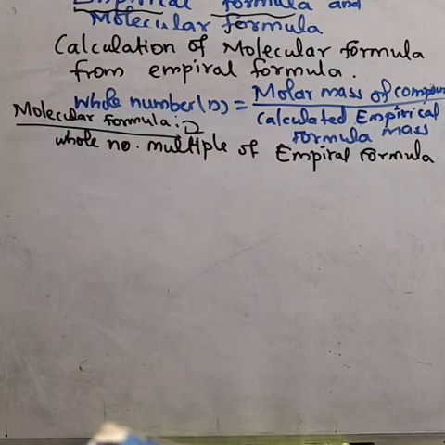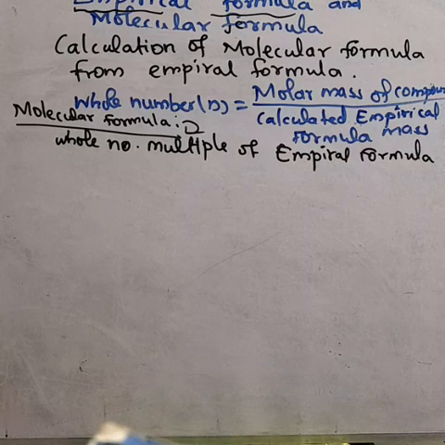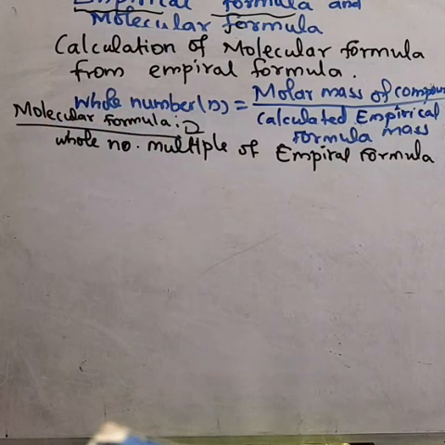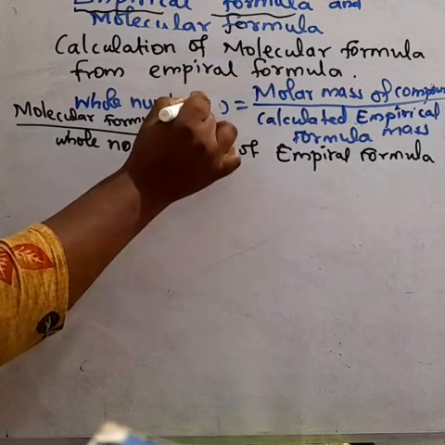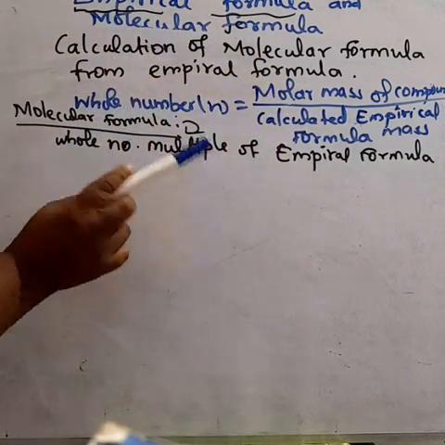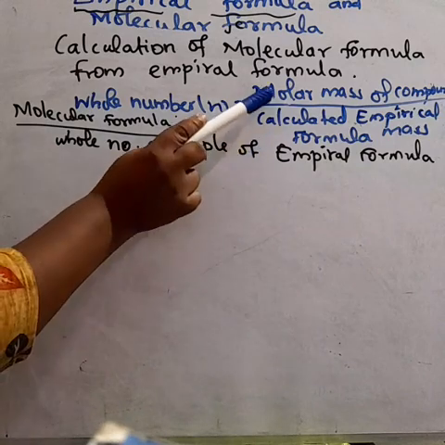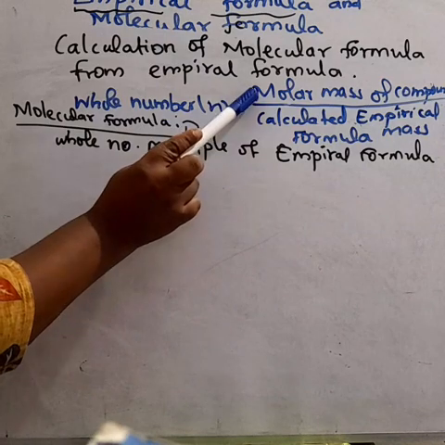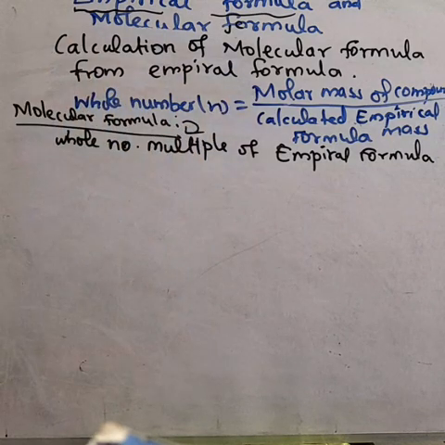The symbol of the whole number is small n. What is the formula to calculate the whole number? Whole number n is equal to the molar mass of the compound divided by the calculated empirical formula mass.